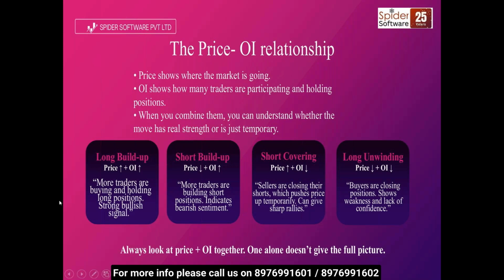You can indicate that more traders are holding the positions, more traders are entering into that particular trade. And it can definitely indicate that strong trader confidence is building over there. So you can say that that is a very good positive signal over there.